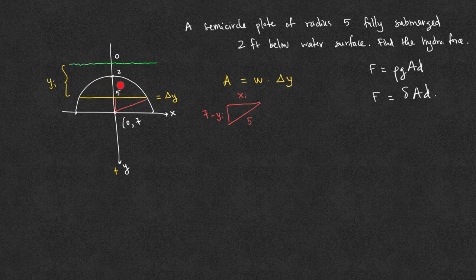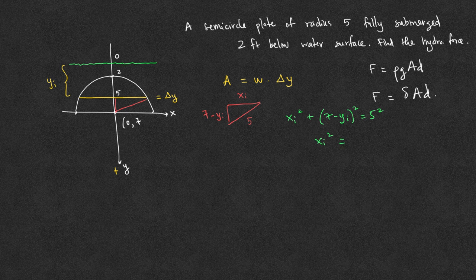Depending on where we slice it, we would have a different value for y sub i. From this right triangle, we see that x sub i squared plus (7 minus y sub i) squared equals 5 squared using the Pythagorean theorem.